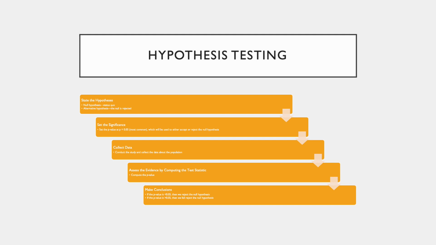Hypothesis testing evaluates the strength of evidence from the sample and provides a framework for making determinations about the relationships of the variables and the population. This determination allows researchers to accept or reject the null hypothesis. This flows in a process. You start by stating the hypothesis.